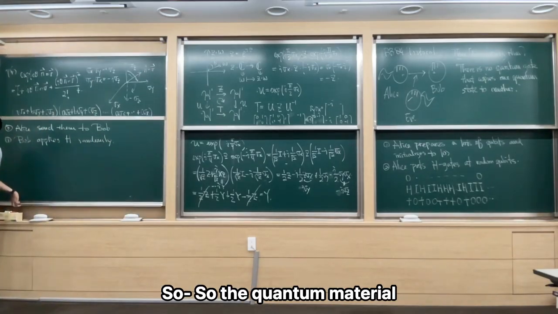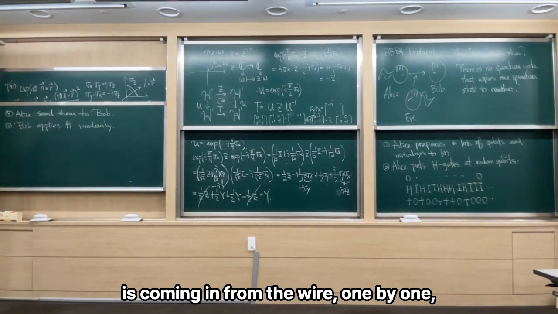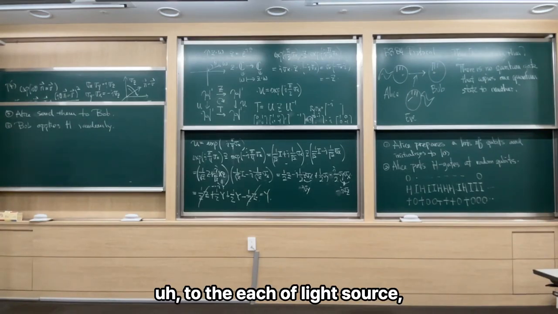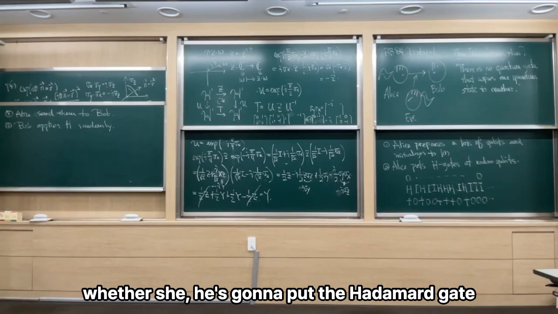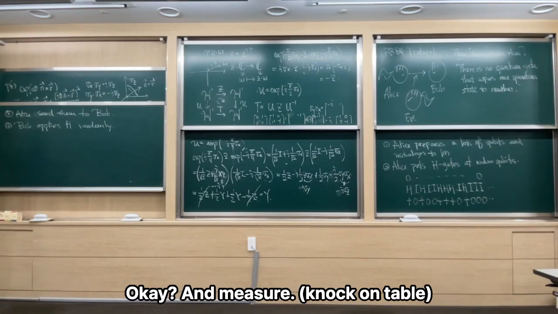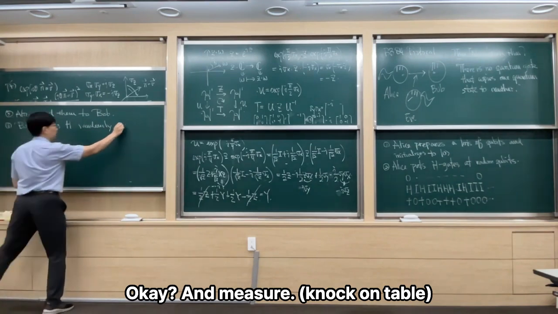The quantum material is coming in from the wire one by one, and then Bob just randomly puts a Hadamard gate on each of the light sources, whether he's going to put the Hadamard gate before measuring or not. Okay, and measure.